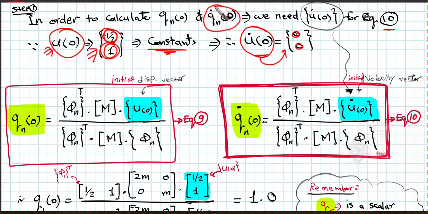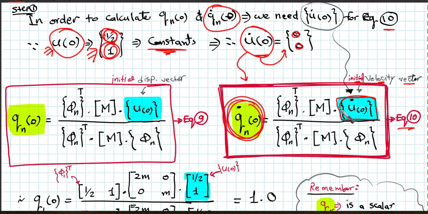So why are we obtaining this? Because in order to obtain q dot n node, if you revisit equation 10, you're going to find we need u dot node to be obtained, which is the initial velocity vector.